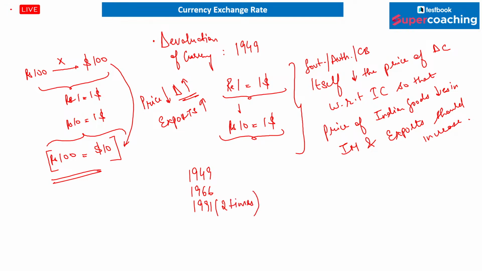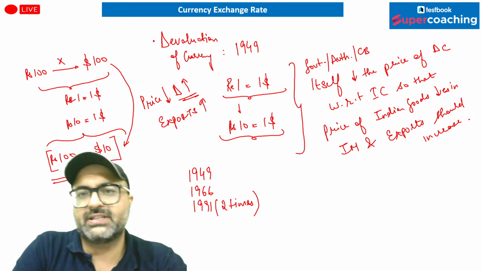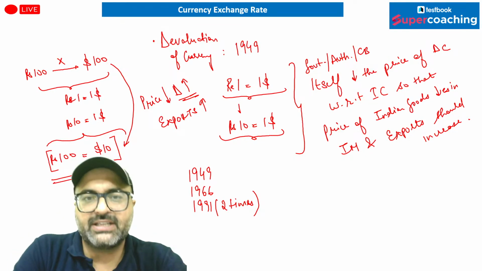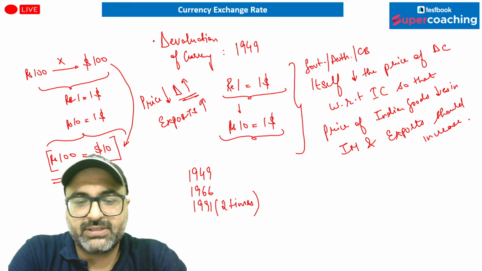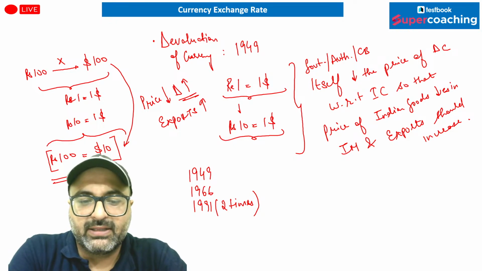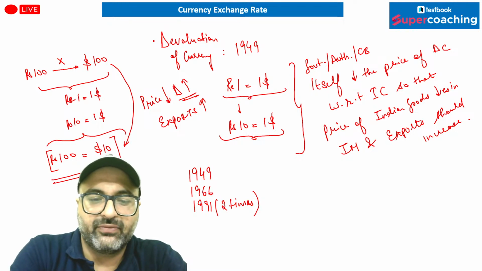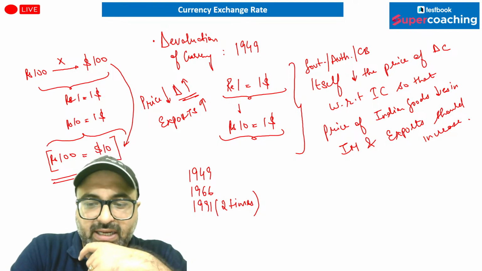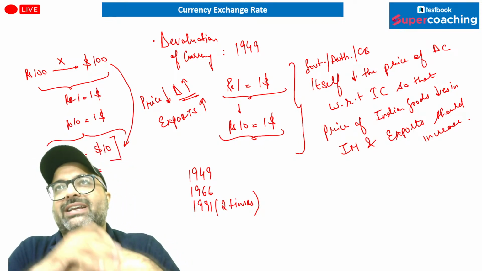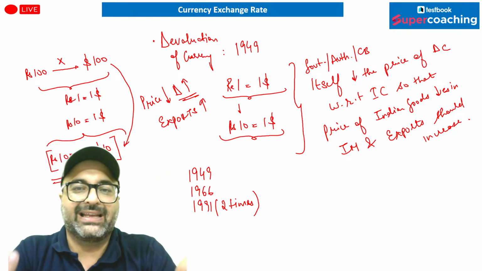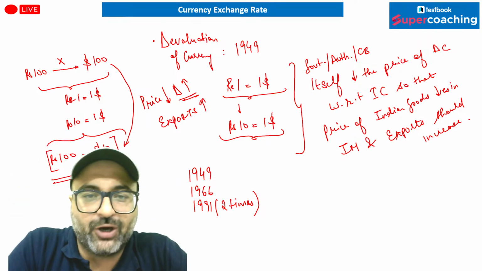So next time if someone asks you why currency devaluation is done, currency devaluation is a method in which authorities decrease the value of their own currency with respect to the international currency, in order to decrease the price of Indian goods in the international market so that exports can increase and India's dependency on the dollar can decrease.